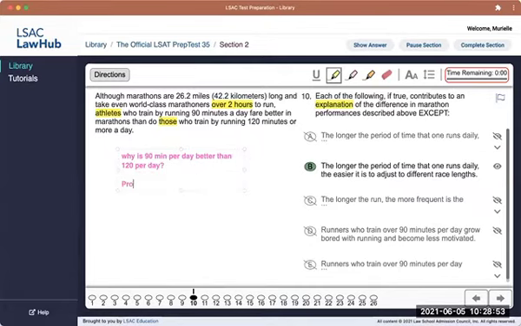So we could have a pro for 90 minutes or a con for 120 minutes, and either of those would help explain. Whereas here, this is a pro for 120 minutes, a pro for a longer period of time.